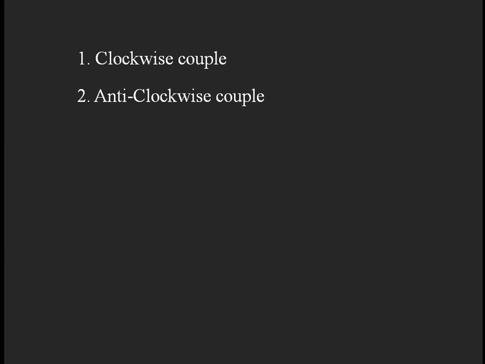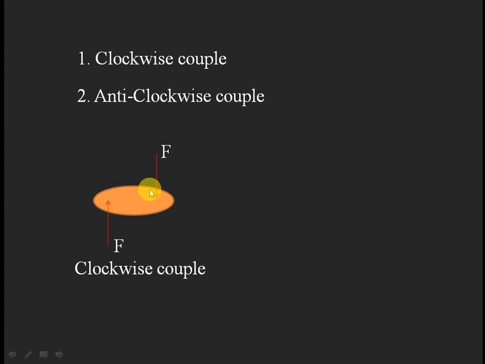If the rotation caused by the couple is clockwise, that is a clockwise couple. If the rotation caused by the couple is anti-clockwise, that is an anti-clockwise couple. That is simple. Here I am giving a normal diagram as an example. The two equal and unlike parallel forces act like this: right side downward and left side upward, which causes clockwise rotation of the body.